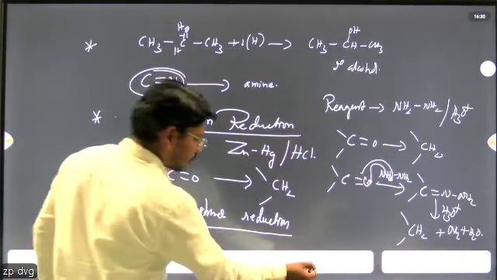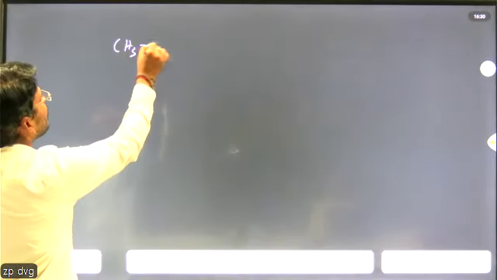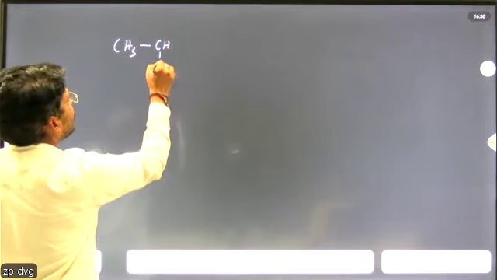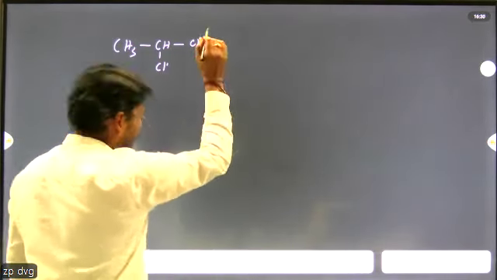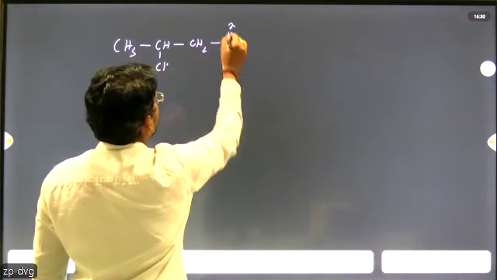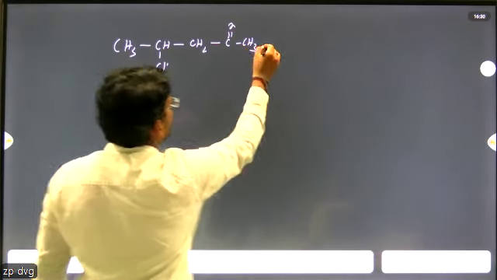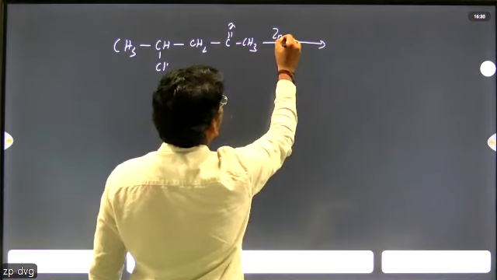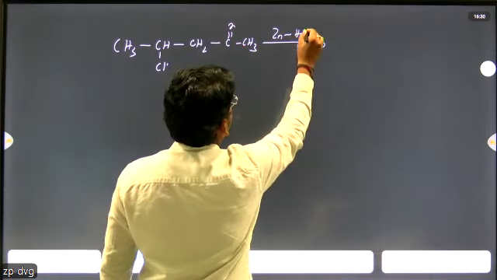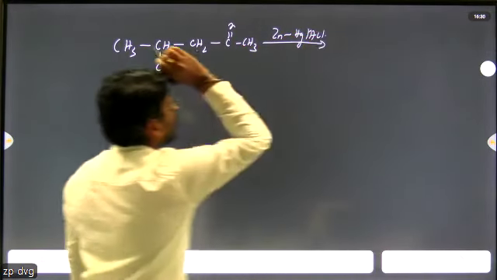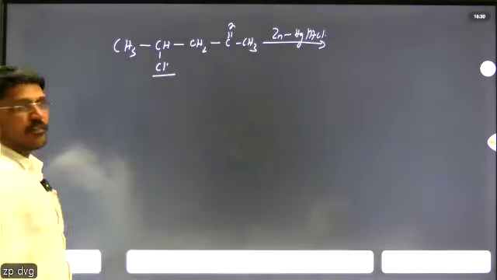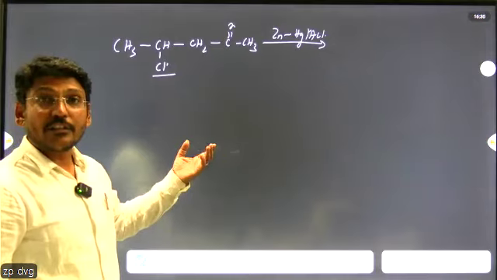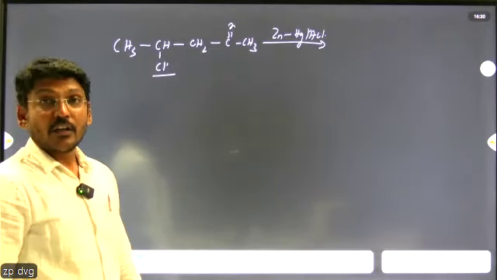Suppose I give one example here. CH3, CH, here it contains Cl, here it contains CH2, here it contains C double bond O CH3. When this component reacts with zinc amalgam and HCl, we already know that if it contains any halogen atom, in Clemmensen reduction it undergoes dehydrohalogenation.